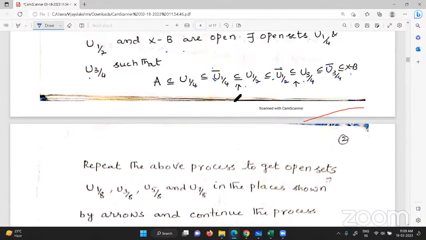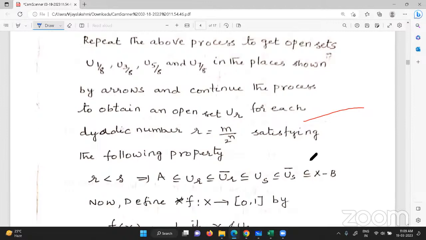First we take 1 by 2, then 1 by 4, then 3 by 4, again 1 by 8, 3 by 8, 5 by 8, 7 by 8. Like that, we continue the process to obtain open set UR, where R is M by 2 power N.